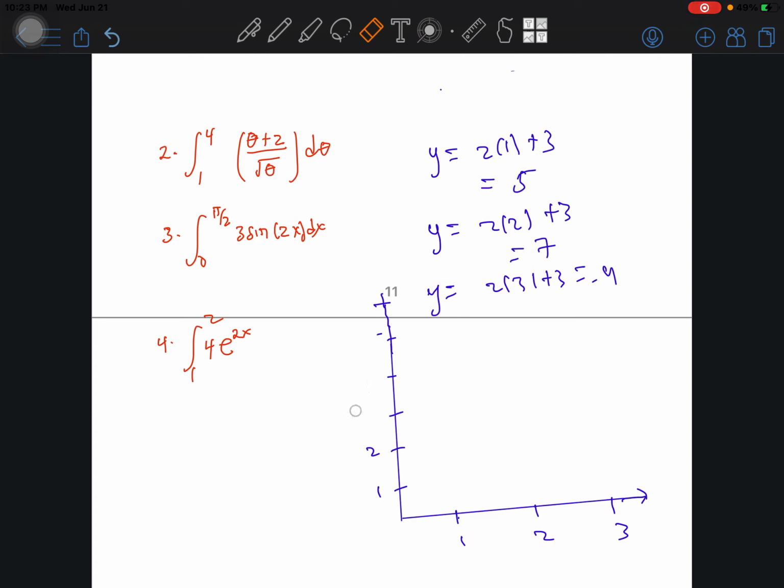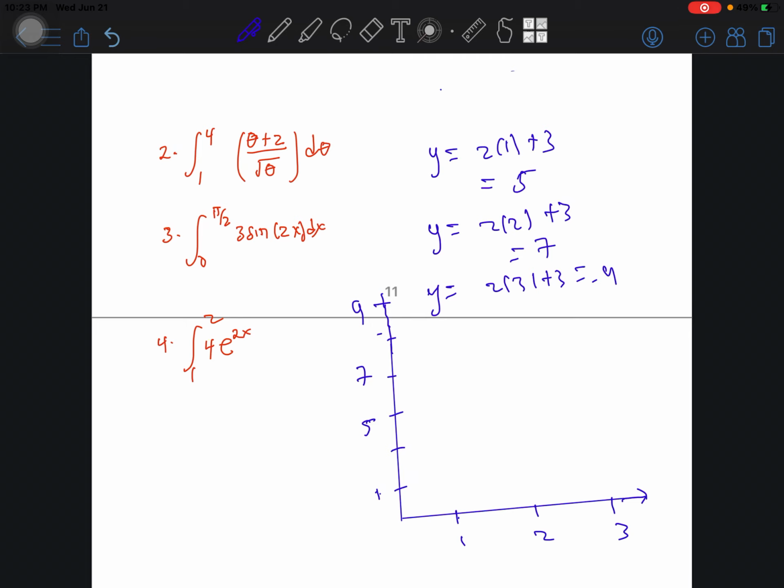Let me label it this way. So I'm assuming this is the labeling for the y.